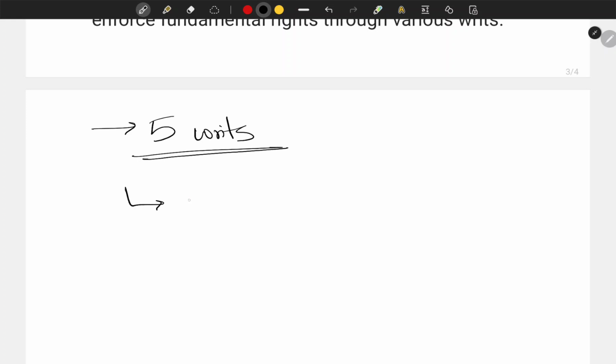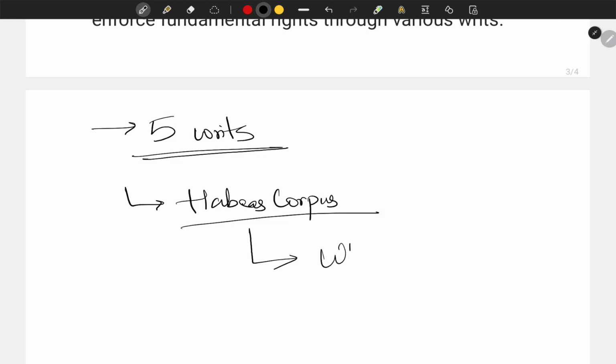The first one is habeas corpus. What is habeas corpus? Habeas corpus essentially means that a person who is being detained, taken into custody, or facing detention needs to be presented before courts. If you go to the literal meaning of it, it means where is the body, where is the individual.